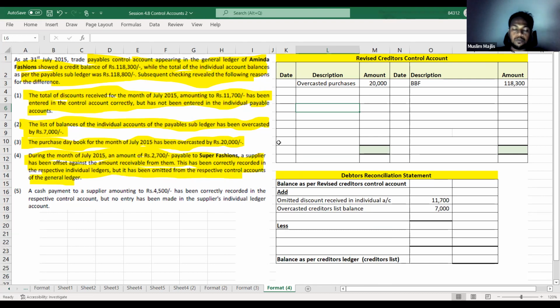So what is the double entry for setting off? Control account debit. Deduct from the creditors, deduct from the debtors. So it will be debited here. Any doubts?